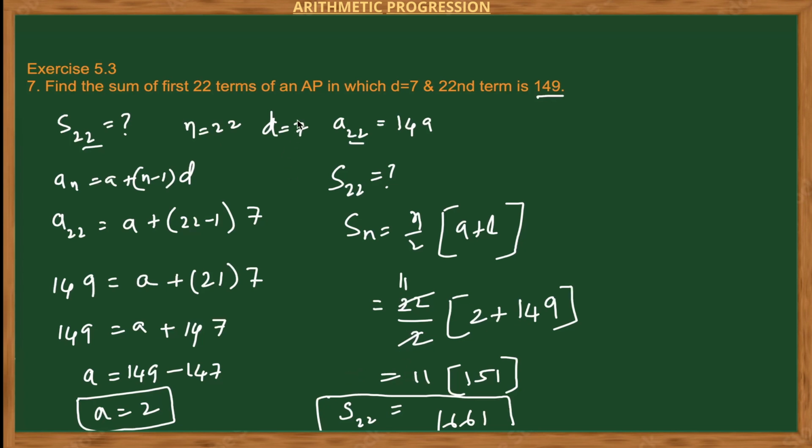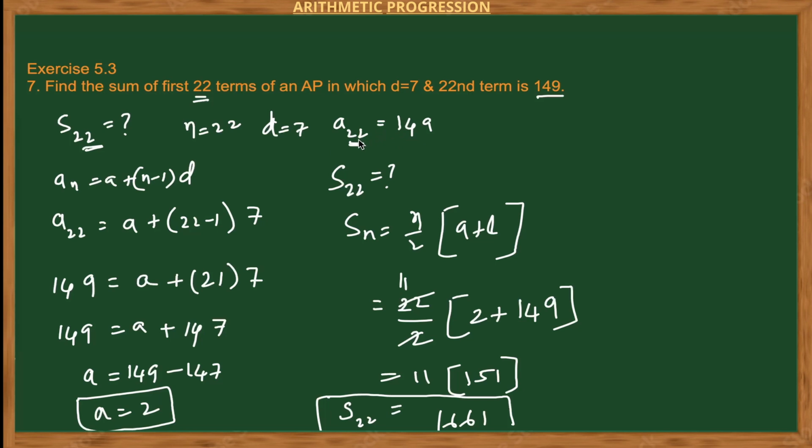So this is clear, right? Another hint you can see is that if it is asking about the same terms, where something has been mentioned with respect to the same term, if you see here 22 has been mentioned and the sum of it, so you can utilize the formula. For example, if it was a21 and they're asking for the sum of 22, then you can't utilize this.